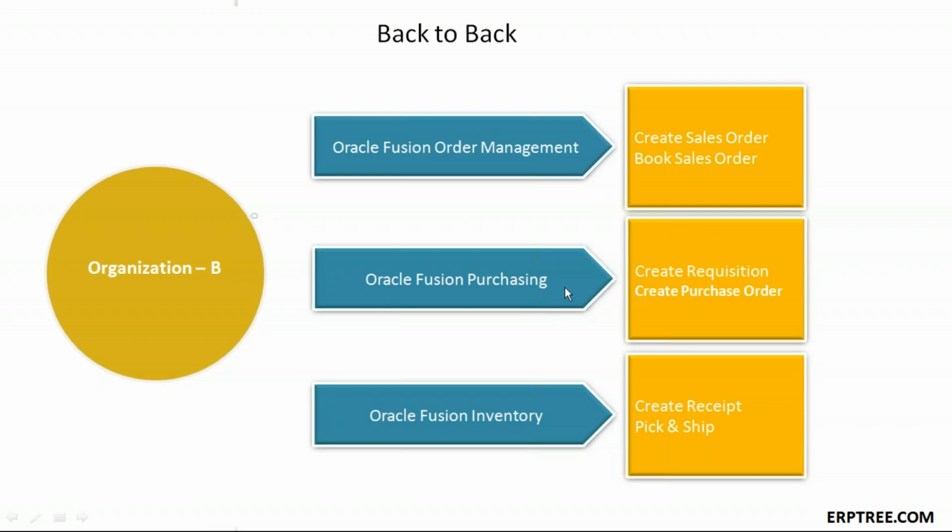Against the requisition, they have to create the purchase order, which they place with organization C. Whenever they receive the material from organization C, they create the receipt and do activities like picking and ship confirmation.